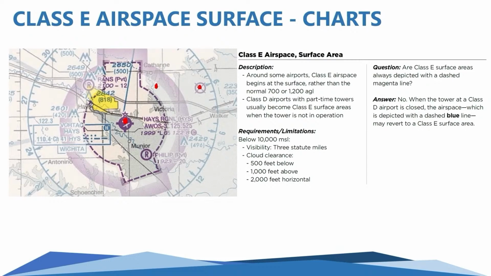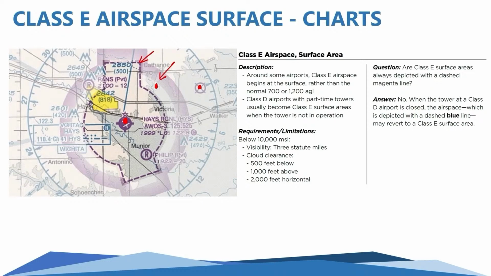It's only going to go lower than 1,200 feet AGL if you see the shade or you see the dashed line. Those are the only two times it goes lower than 1,200 feet. All right, so that is Class Echo in a nutshell.